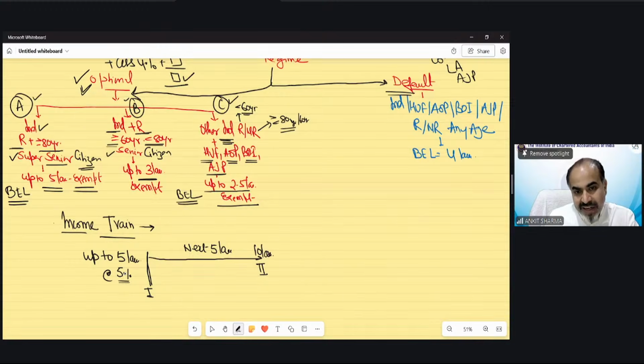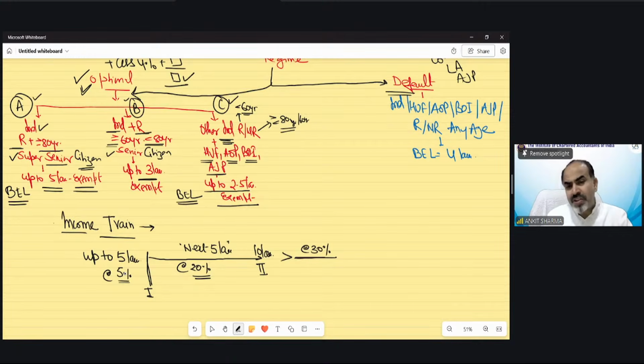Any income exceeding 5 lakh up to 10 lakh rupees, that means the next 5 lakh rupees, is going to be taxed at the rate of 20%. And any income exceeding this platform, that means the part of income exceeding 10 lakh rupees, is going to be taxed at the rate of 30%.